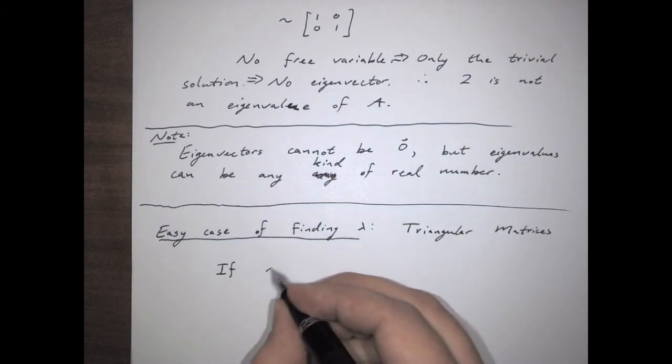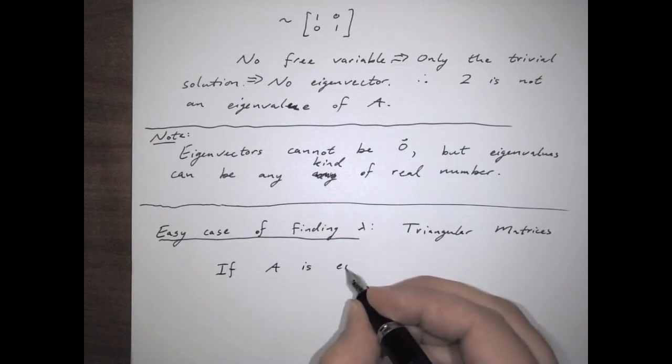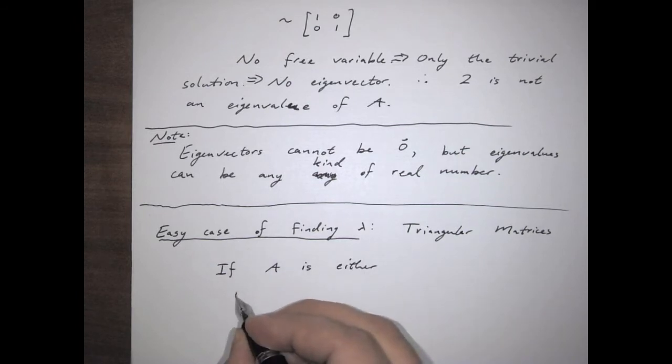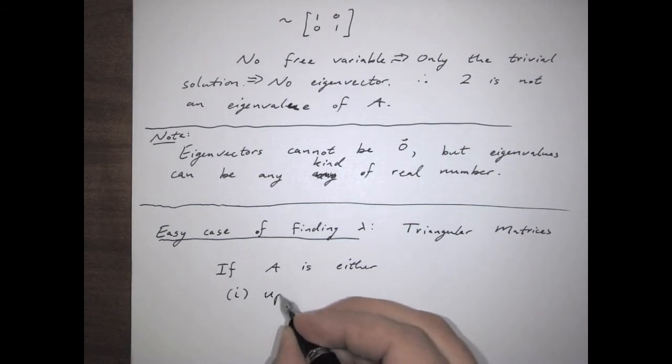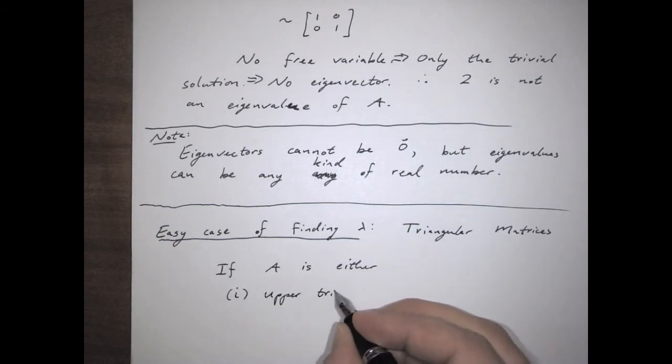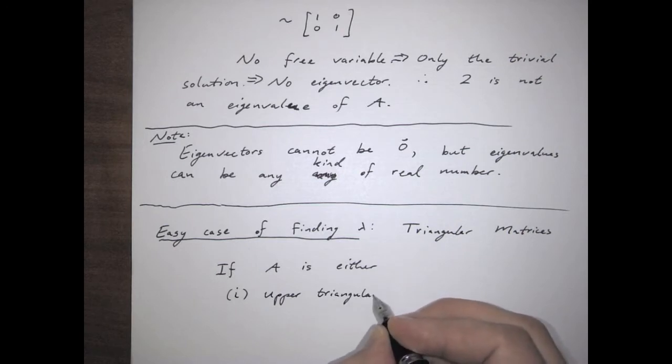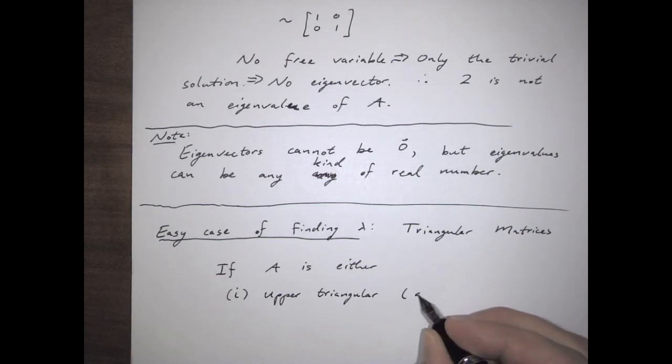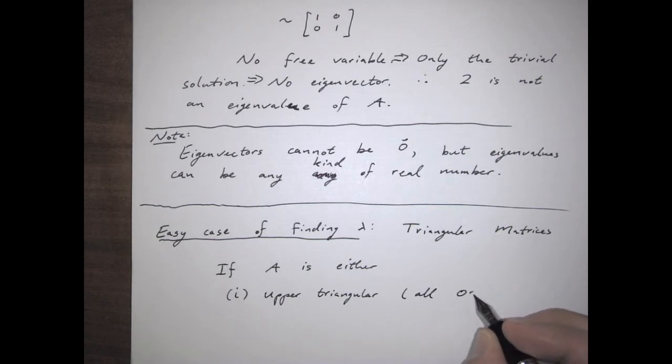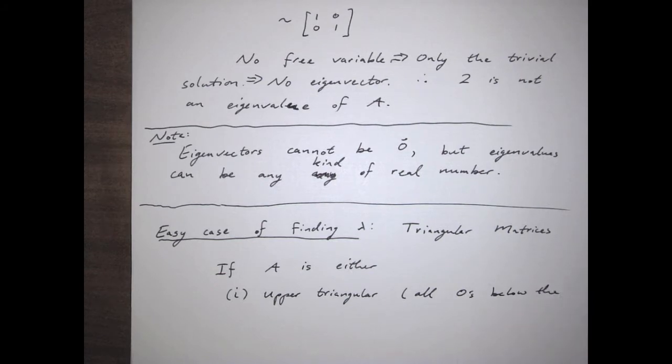So if A is either upper triangular, which means only zeros below the main diagonal.